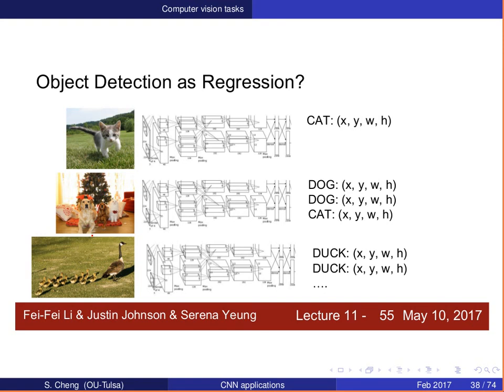Each time you find an object there, you also try to find the bounding box for it, a regression for the bounding box: x, y, and also the width and height. But of course the difficulty here is that we don't know ahead of time how many objects there are. So it becomes quite a bit more complicated to build a network, since you don't know the size of the output. Actually people even try that. That's the YOLO approach.